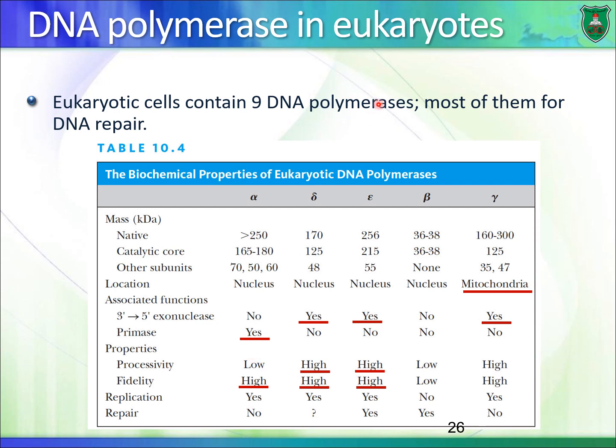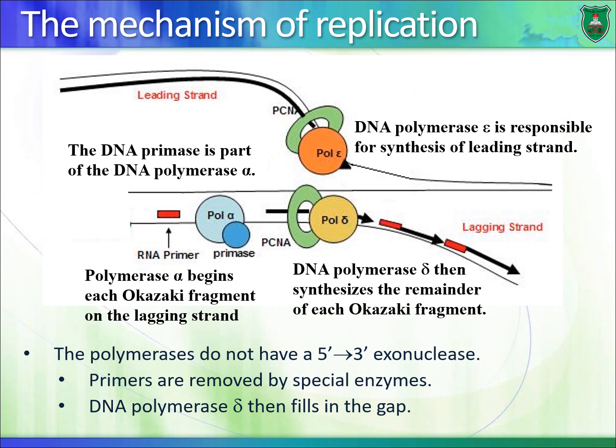On the other hand, DNA polymerases delta and epsilon both have high processivity, they're fast, they have high fidelity, they do not create that many mistakes, and probably because they have this proofreading mechanism, they have 3' to 5' exonuclease activity. So what happens is the following.